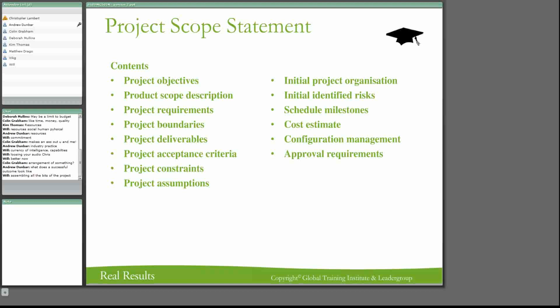You might say in your approval requirements that any change to the project that requires a budget change will have to be approved by the board or the client. Any change that is for the good of the project but doesn't need a budget change and has a minor impact on time, maybe the project manager changes, because you don't want everything to go up that doesn't have a major impact on the project.